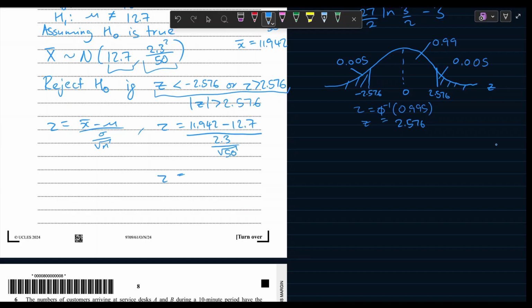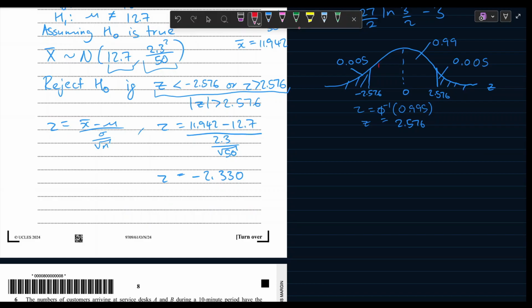And so we get that z is equal to 11.942 minus 12.7 over 2.3 over root 50. And this gives us negative 2.330.